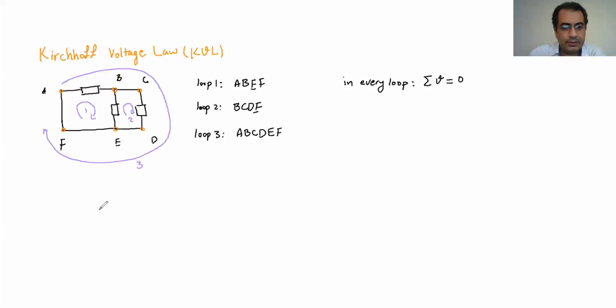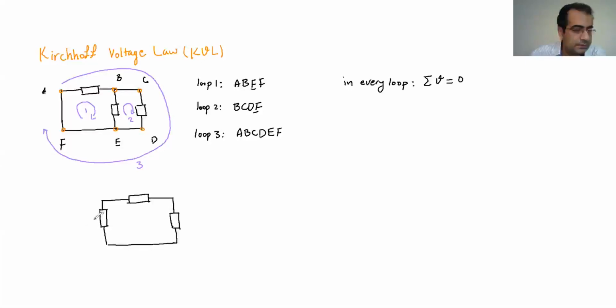So for example, assume I have 3 elements, a circuit with a single loop, like that. Then assume the polarities in this circuit are like this.